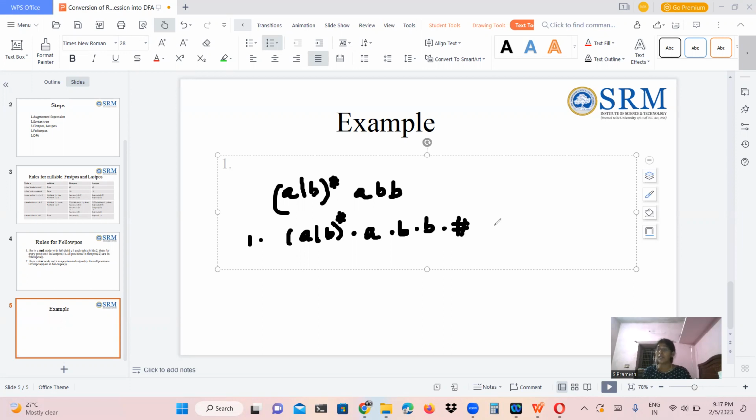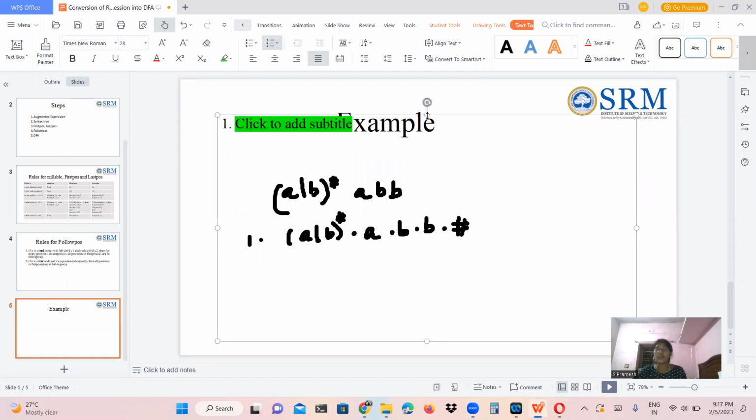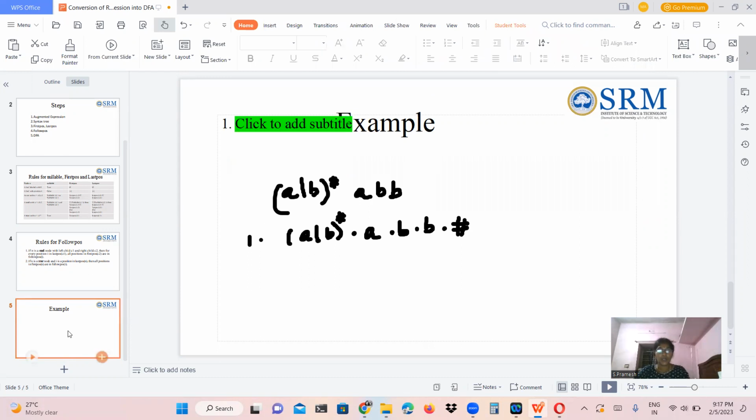So now the first step is over, right? The second step is to take it as a syntax tree. How can we convert this expression into a syntax tree?